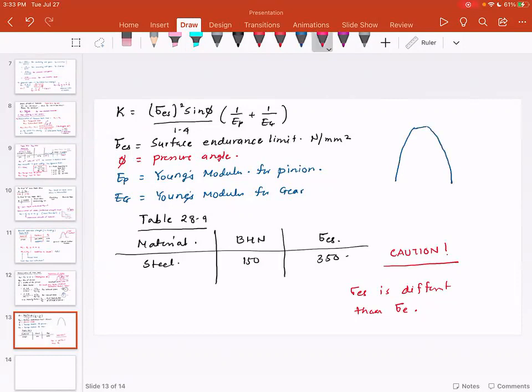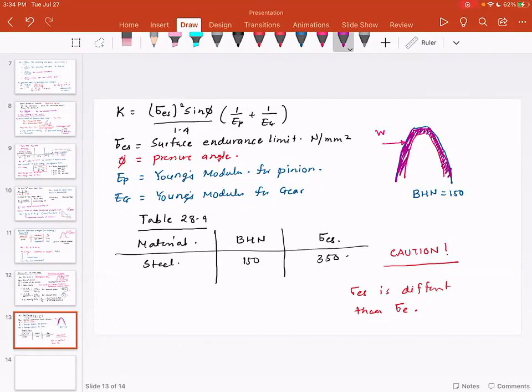Where is the surface phenomenon? And endurance, or the bending, is the core phenomenon, which means when you are thinking about the load, which is W, even though the hardness BHN is 150, the surface strength here is 350.